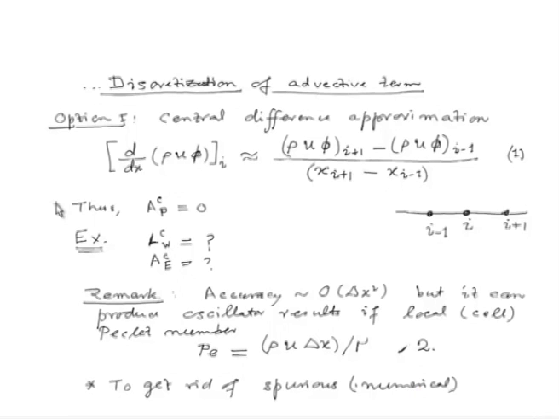They come here simply because of our choice of the numerical approximation or finite difference approximation. We have to use what we call upwind difference schemes.